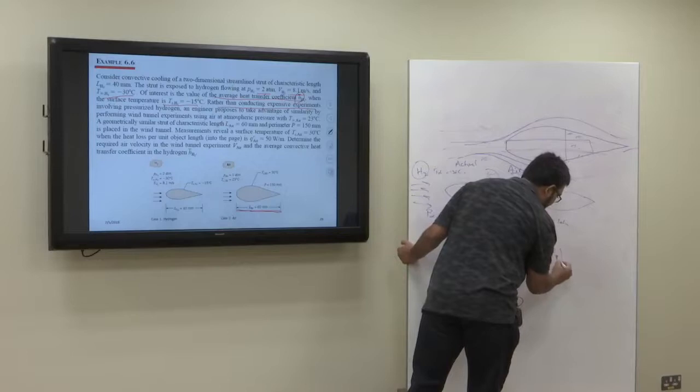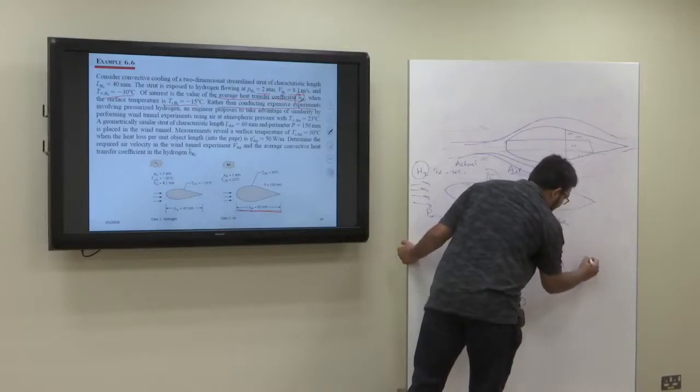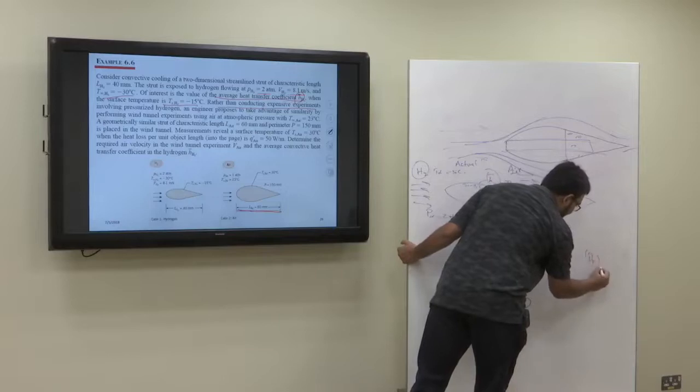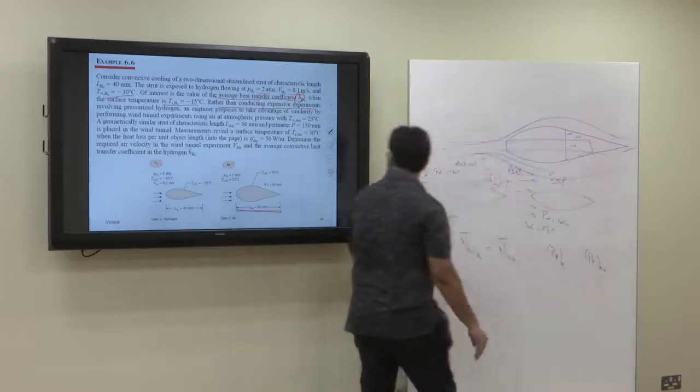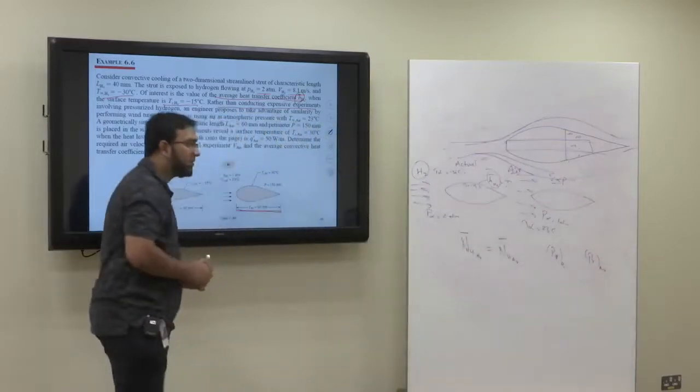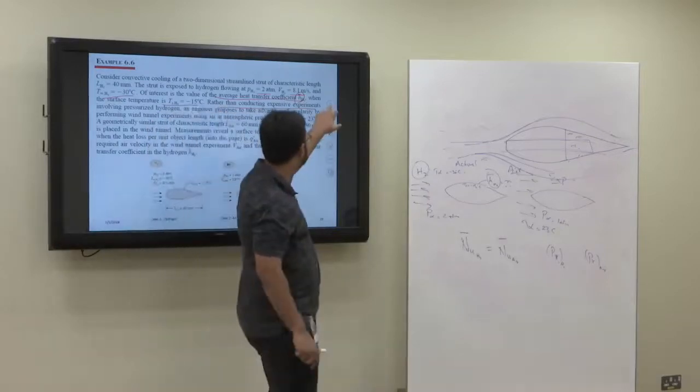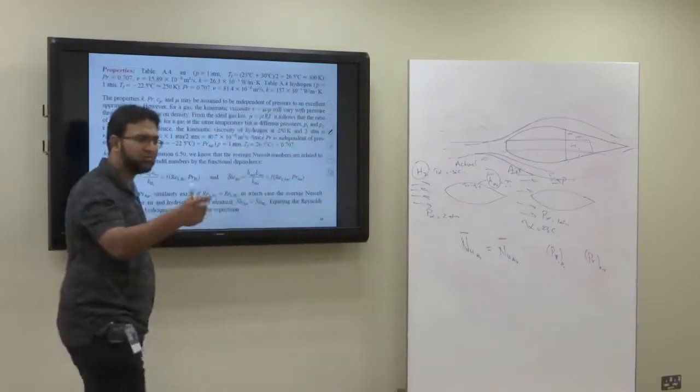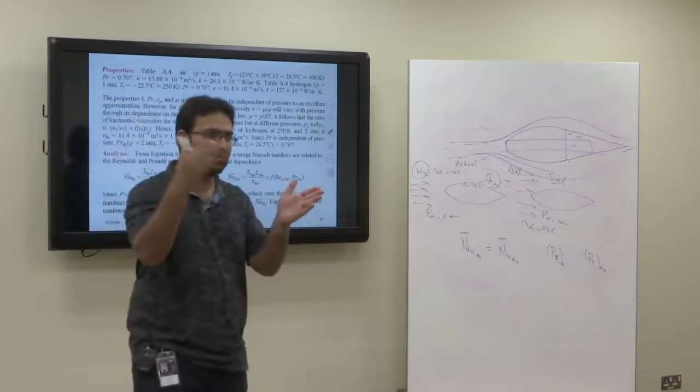Okay. Now let's talk about Prandtl number first. Prandtl number for hydrogen case and Prandtl number for air case. If we use the properties of the table, the Prandtl number, as I told you, is given in the appendix against the properties.